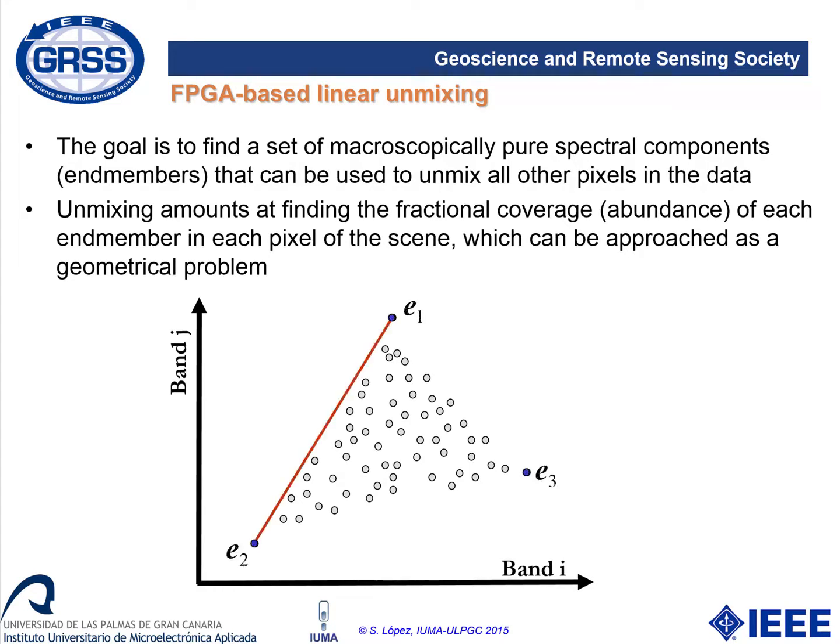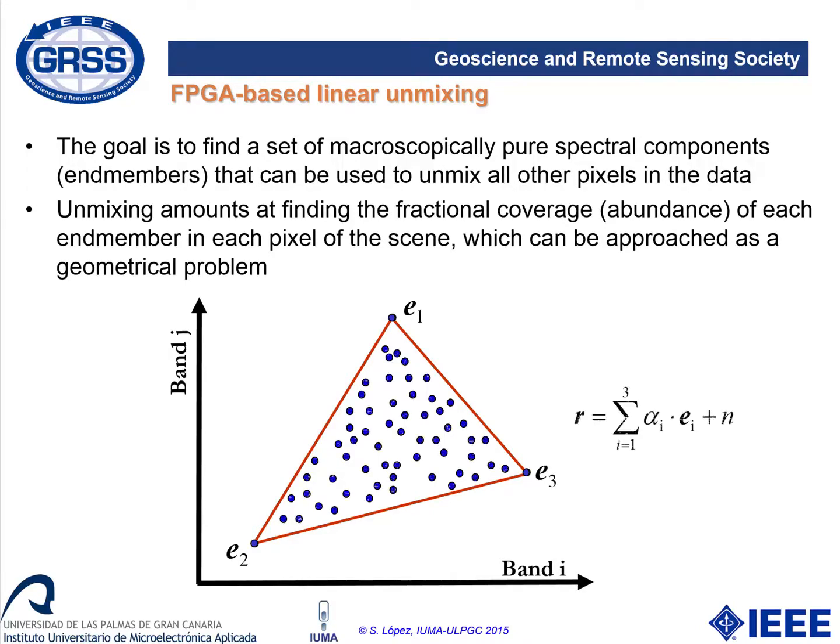And as you can see here, what we have is a set of data plotted in two bands, and at the end what we try to do with the endmember extraction step is to find E1, E2, E3 that allow us to express any other pixel in the image as a linear combination of these three pixels.